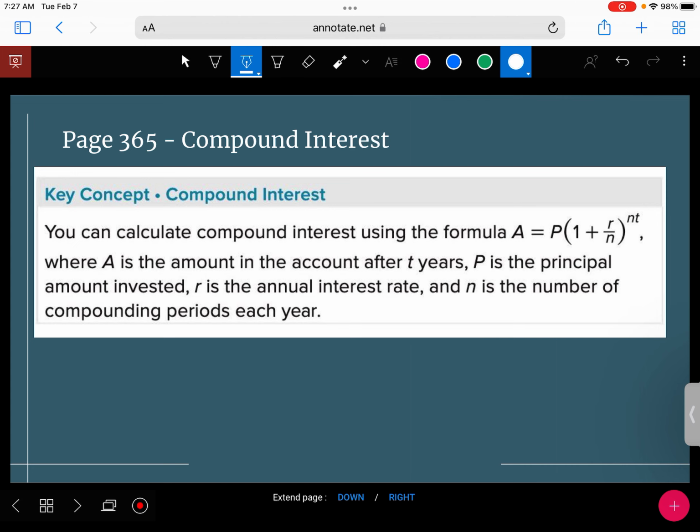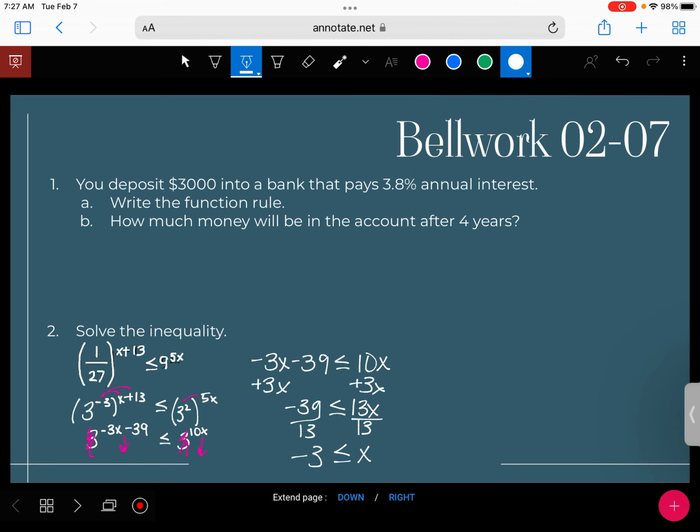But R, in the bell work problem, what is R? R is our annual interest rate. Yeah, 3.8%, okay? And then N in this instance would be 1 as well, because it's asking after 4 years.